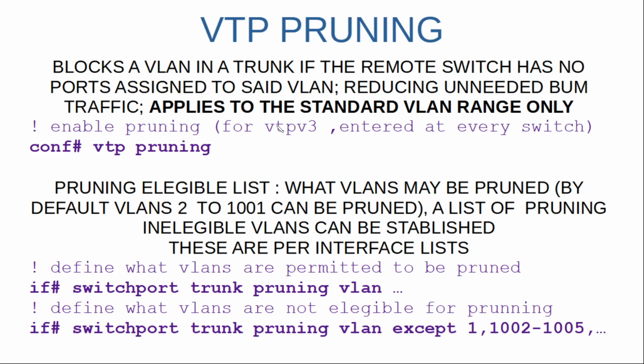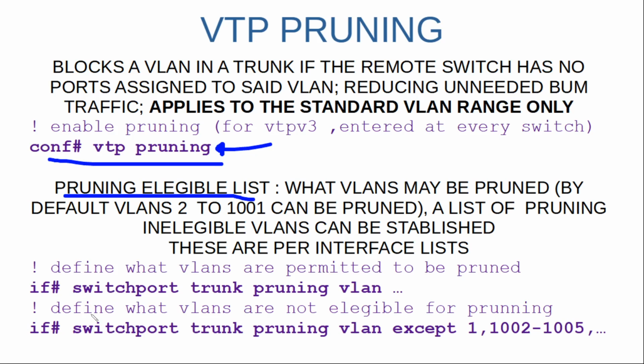So how do you configure pruning? You configure this command. For version 1 and 2, you only have to execute it at one server, and for VTP version 3 you will have to execute this at every single switch. Now you can define what VLANs are permitted to be pruned. This is known as the pruning eligible list.